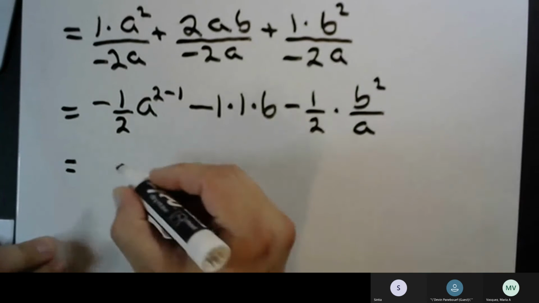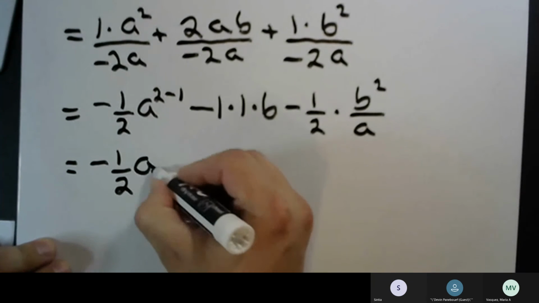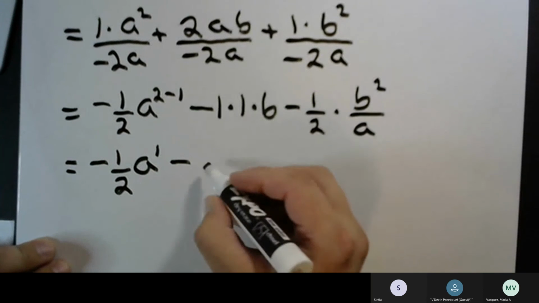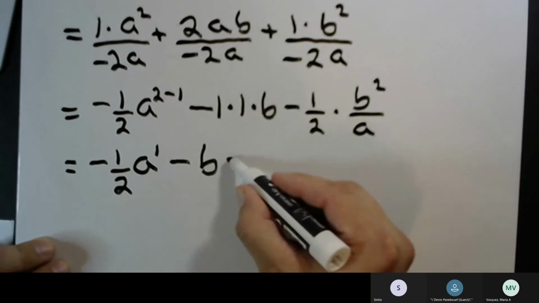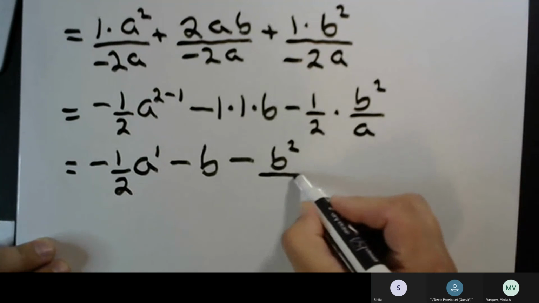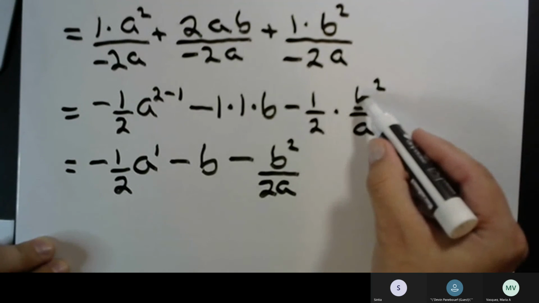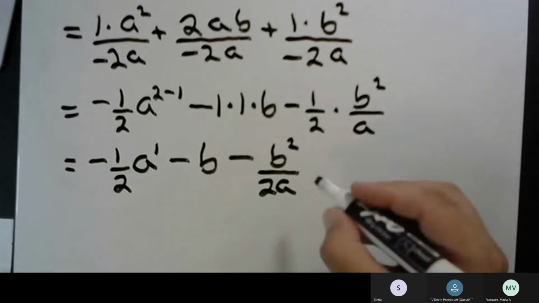So what we'll get is negative 1/2 a to the 1 minus 1 times 1 times b. If we multiply across, we're just going to get minus b squared over 2 times a. 1 times b squared is b squared. 2 times a is 2a.